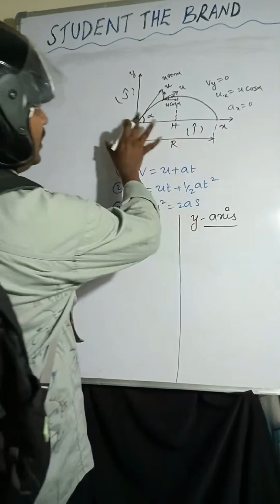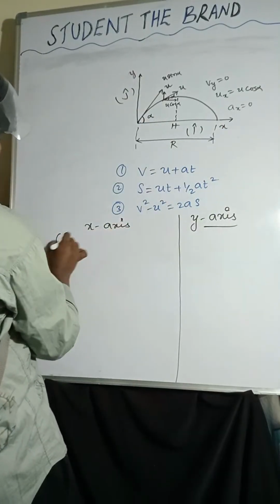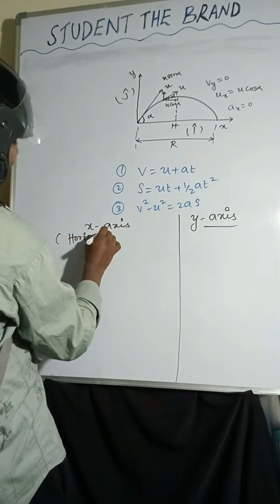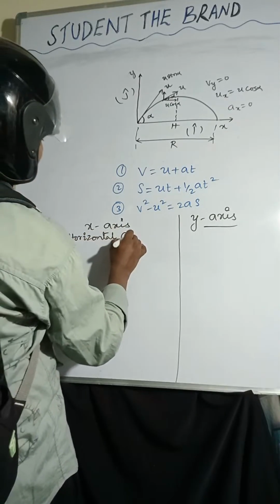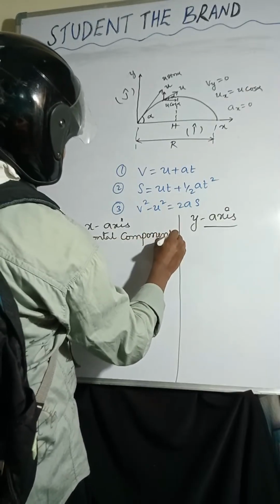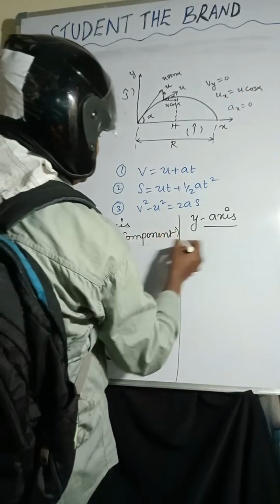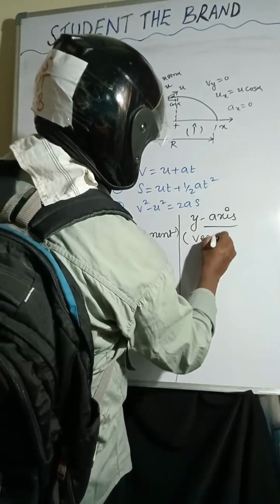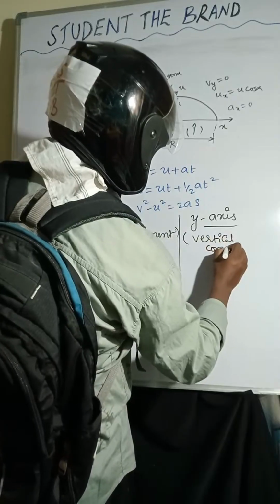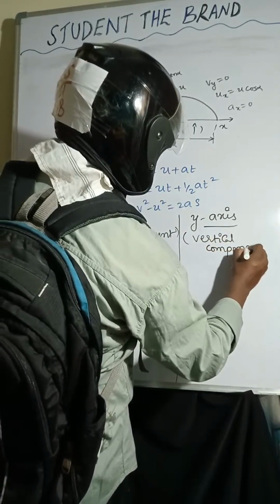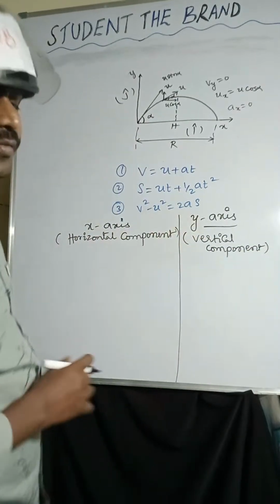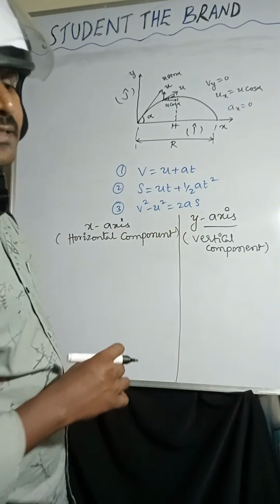If you are taking only the horizontal component, these are the horizontal components, and this one is the vertical component. So we are discussing along the x-axis and along the y-axis.